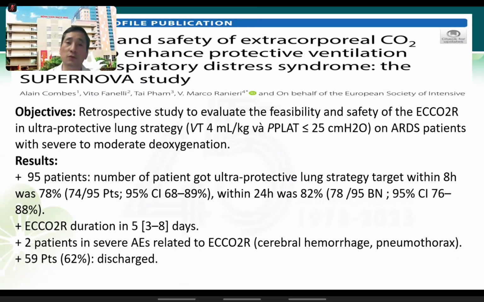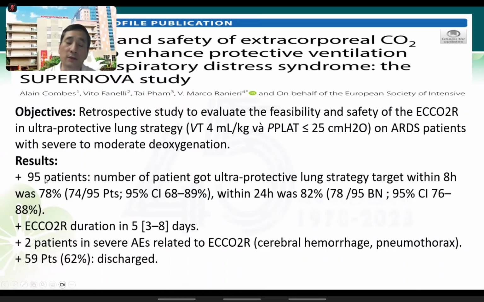Another study shows how safe and how effective it is when we use CO2 removal technology. Here they compare conventional treatment, that means the already protective lung strategy, with an ultra-protective lung strategy. In this case, they reduce VT to 4 cc per kilogram and plateau pressure to less than 25.